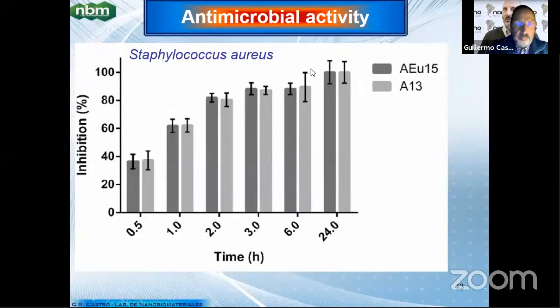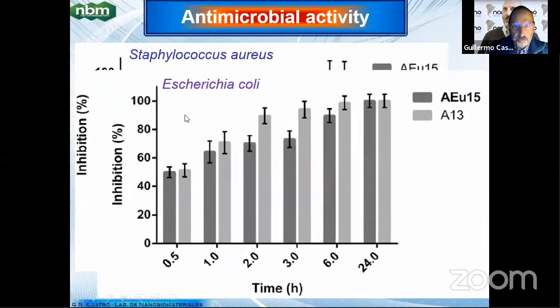Finally, we study the Staphylococcus aureus inhibition with the different formulations. As you can see, in 24 hours there is no growth of Staphylococcus aureus, the same as in E. coli.